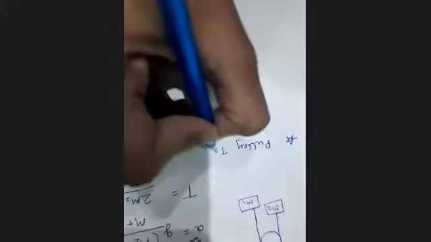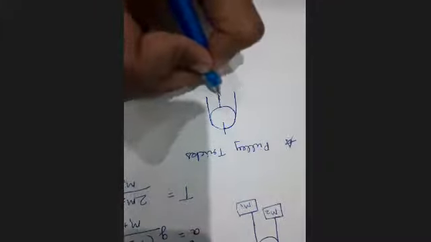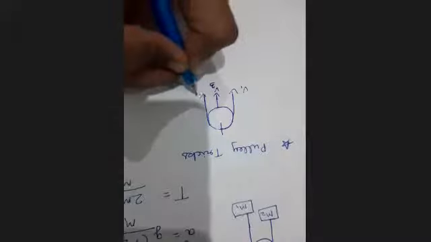Moving ahead to pulley tricks. To solve such problems, we can use these tricks. V1, V2, V3.